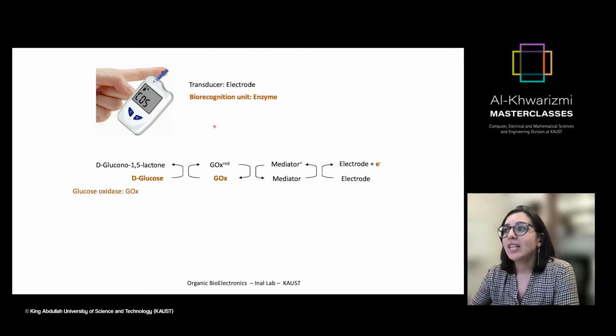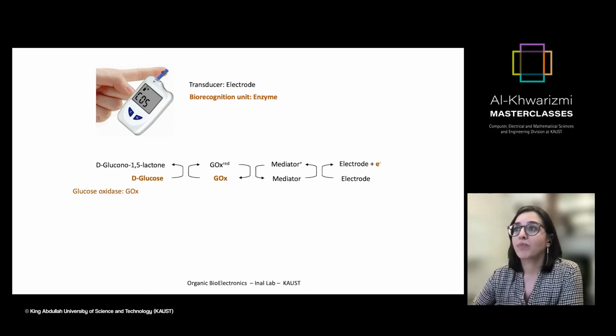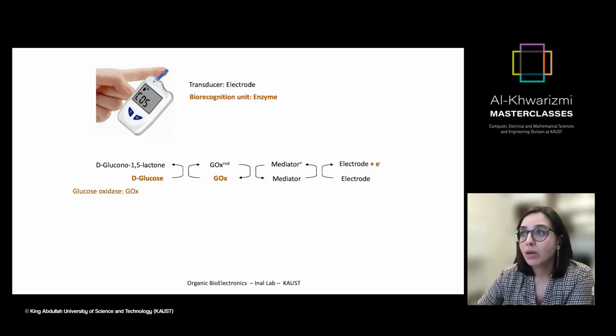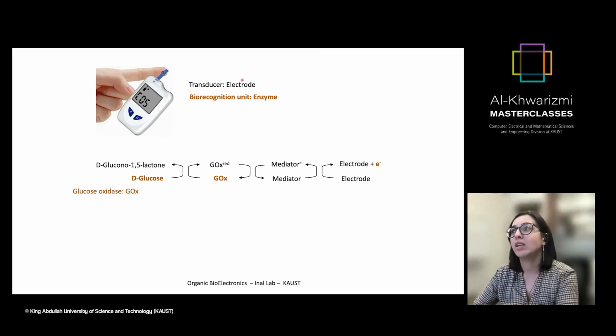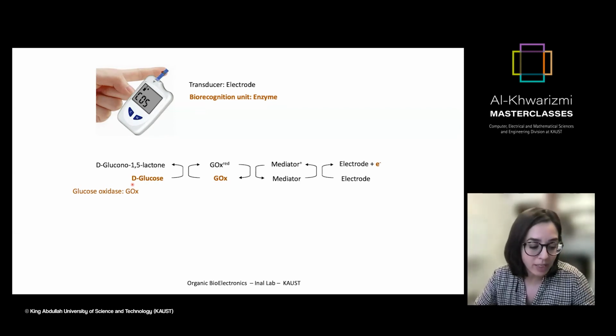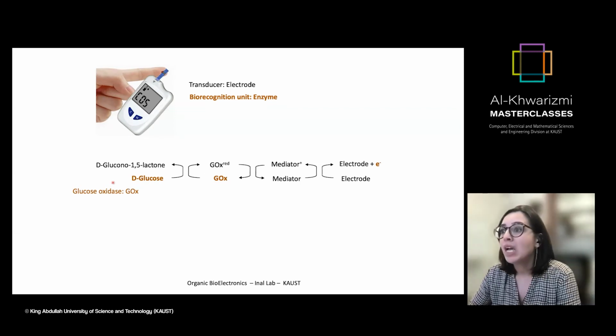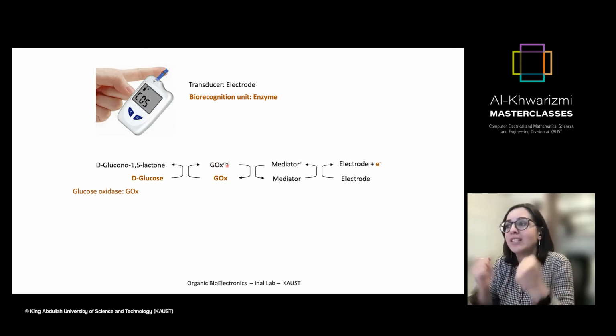Now, the reaction that takes place inside of this box, once the glucose in the blood goes through the strip and onto the electrode, is very simple. It's one of the basic redox reactions that take place all the time in our body. Glucose interacts with the enzyme glucose oxidase, and in this process, glucose oxidase is reduced. It gains an electron.